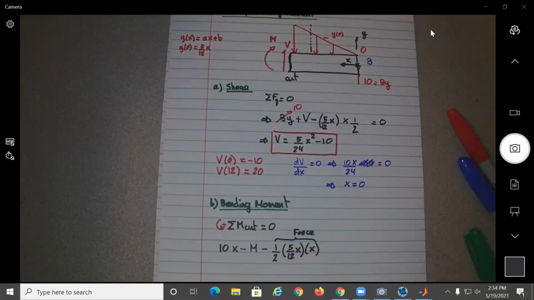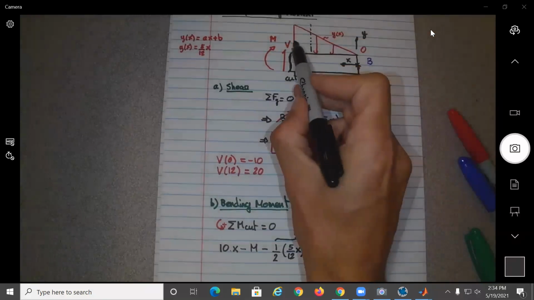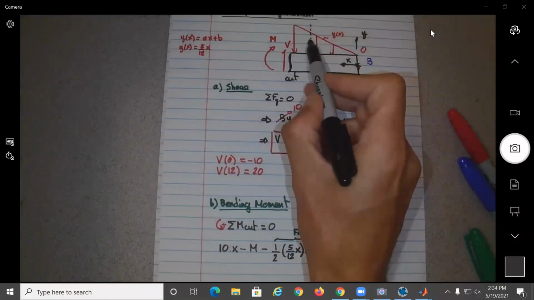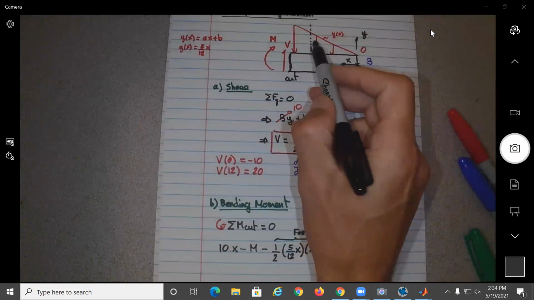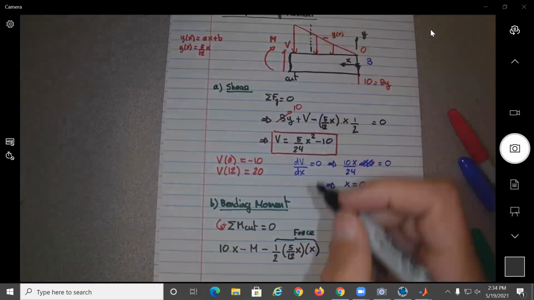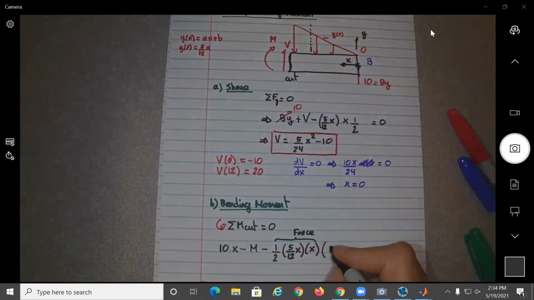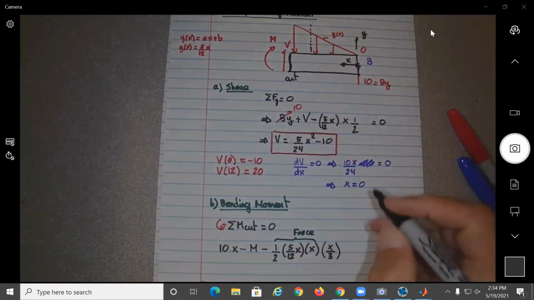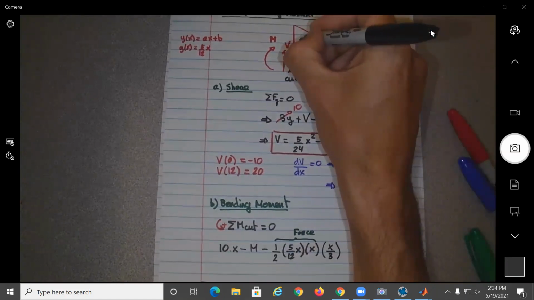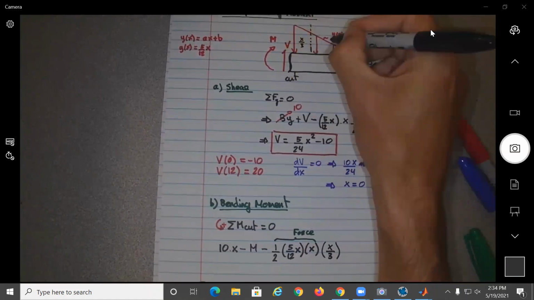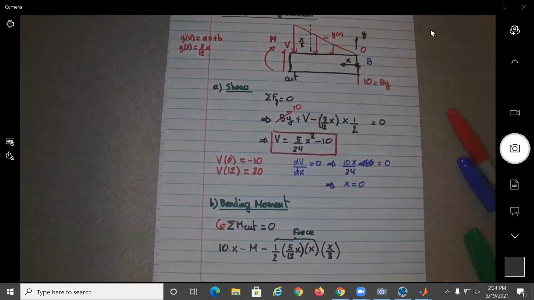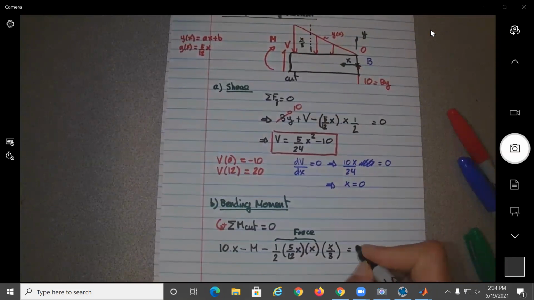And now what would be the arm? Arm should be that distance over here, no? What is that distance? X over 3. Perfect. So this side is x over 3. This side over here will be 2x over 3, no? And this should be equal to 0.